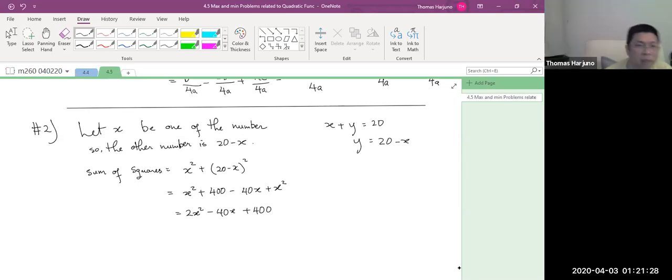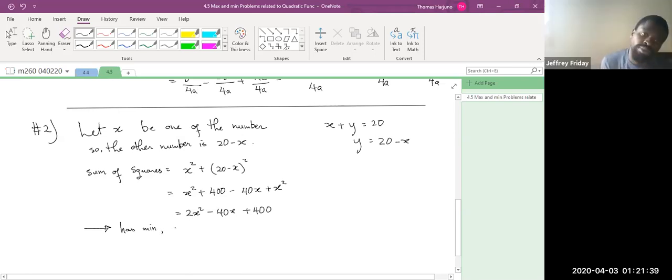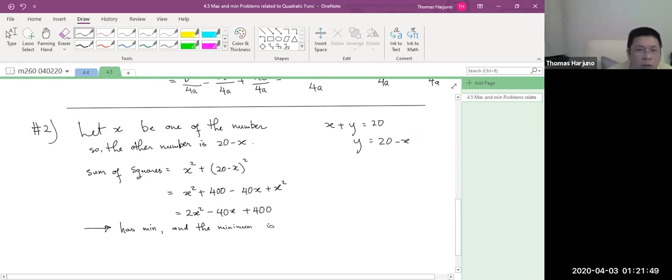So does it have a maximum or minimum? Minimum. It has a minimum. And the minimum is when x equals what?